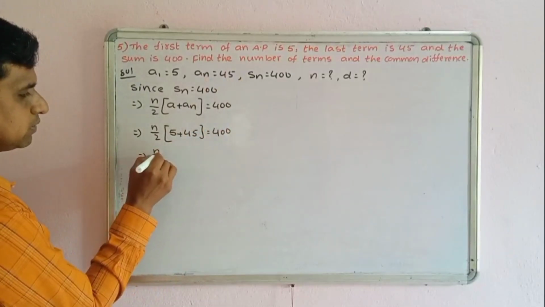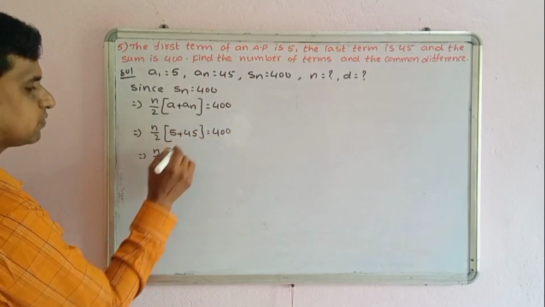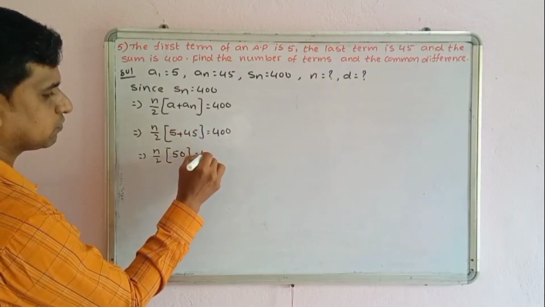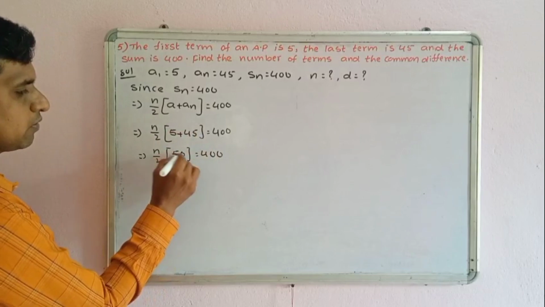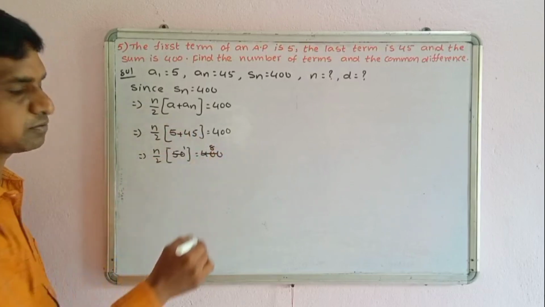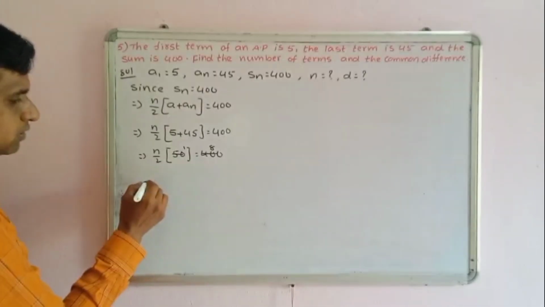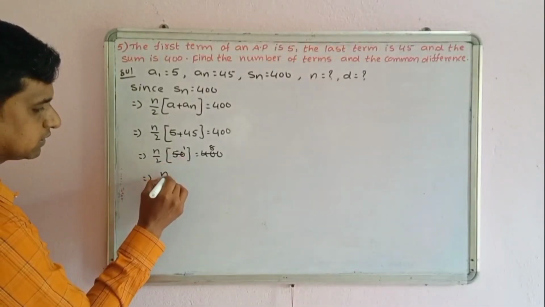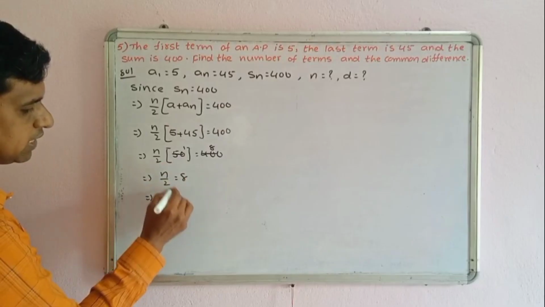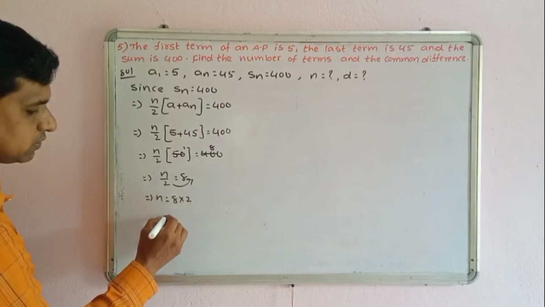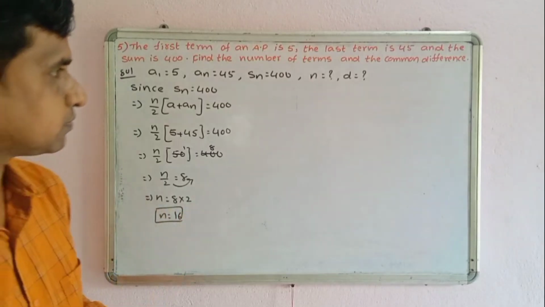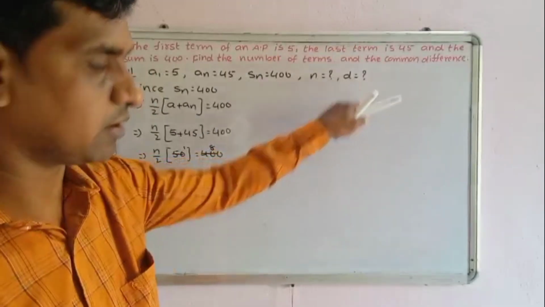So n by 2 into 5 plus 45, which is 50, equals 400. Now see, 50 eights are 400. So n by 2 equals 8. So n equals 8, 2 transposes to the right side, multiply with 2, that is 16. n equals 16. Okay, now we will find the value of d.